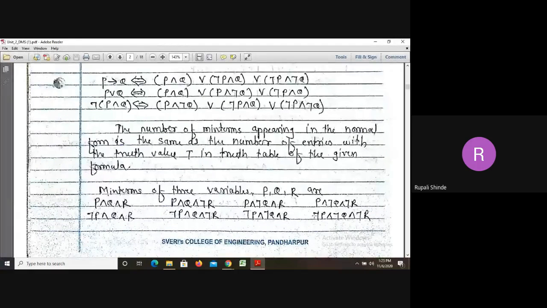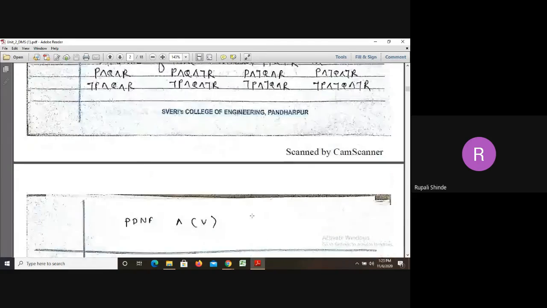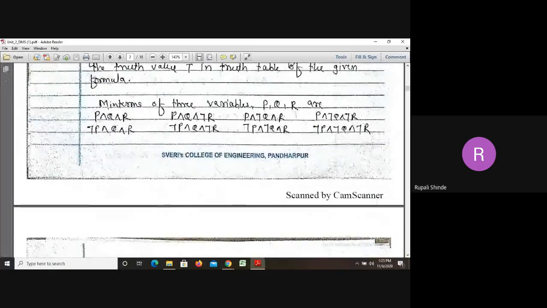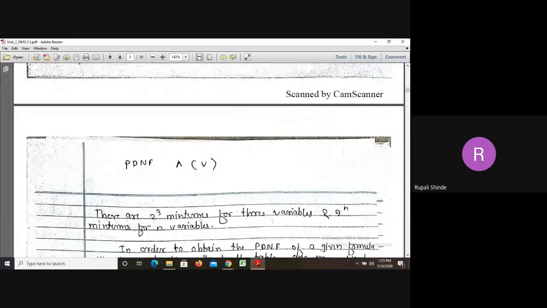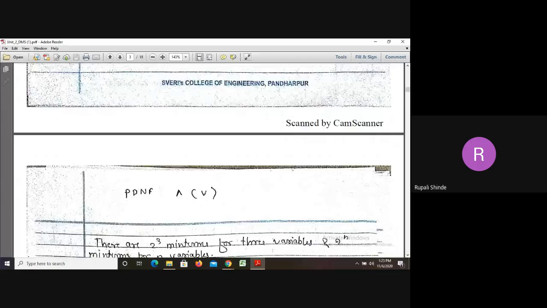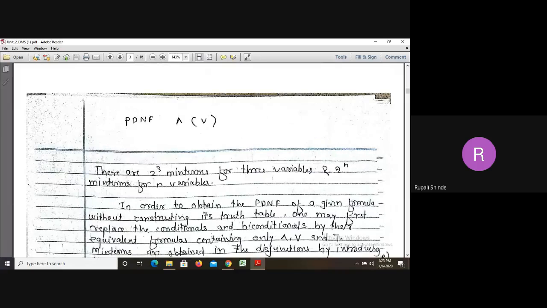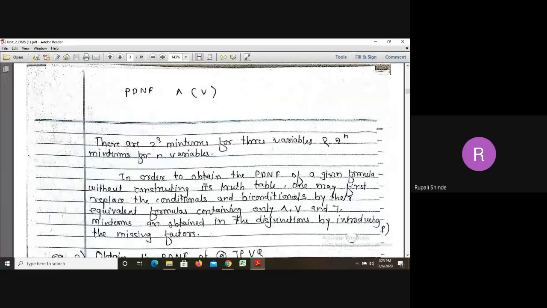Just they have given how we can find out the number of minterms from given number of variables. So that formula is 2 raised to n, where n is number of variables. That is written here. Because here 3 variables are there, that's why 2 raised to 3, and that is equals to 8 minterms. So likewise, in general, we can say that the formula to find the number of minterms is 2 raised to n, where n is the variable number.